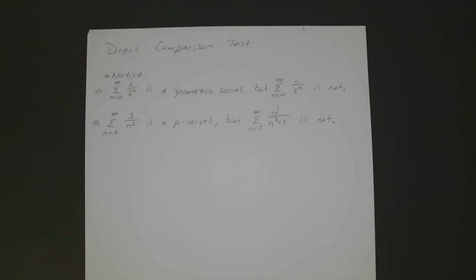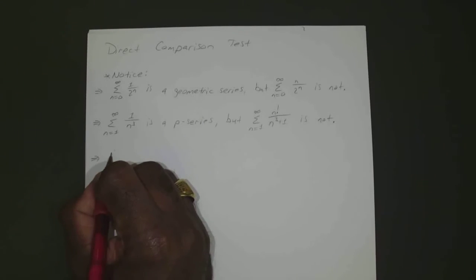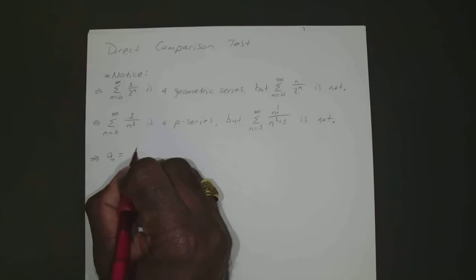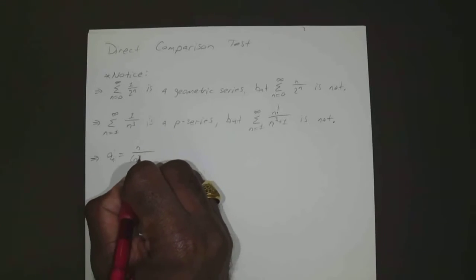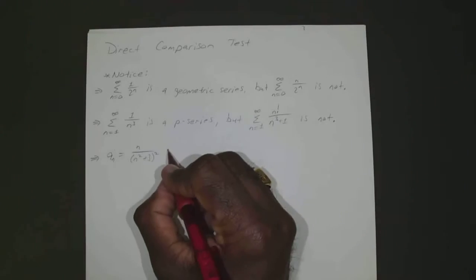Okay, all right, so let's say we have a sub n equals n to the n squared plus 3 squared, you could integrate that one pretty easily.